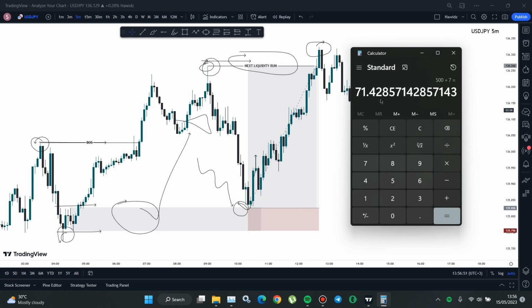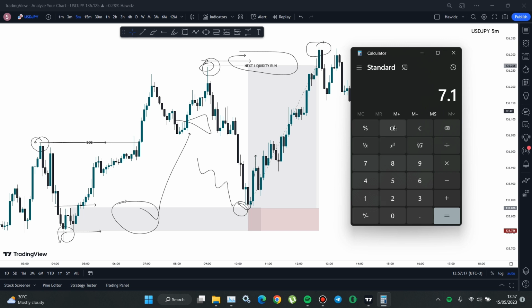Now the last thing that you do is just move this decimal point one step backwards, right? So you're going to have 7.1 instead of 71. So okay, let's just clear this. So we're going to have ourselves a 7.1 lot size that we're going to use in this trade.